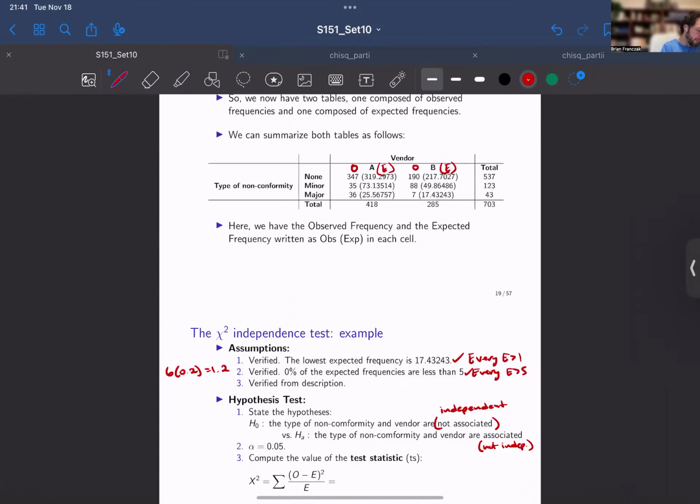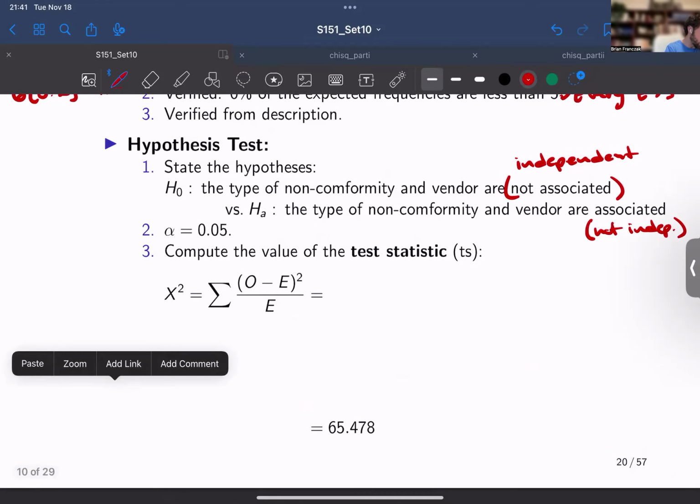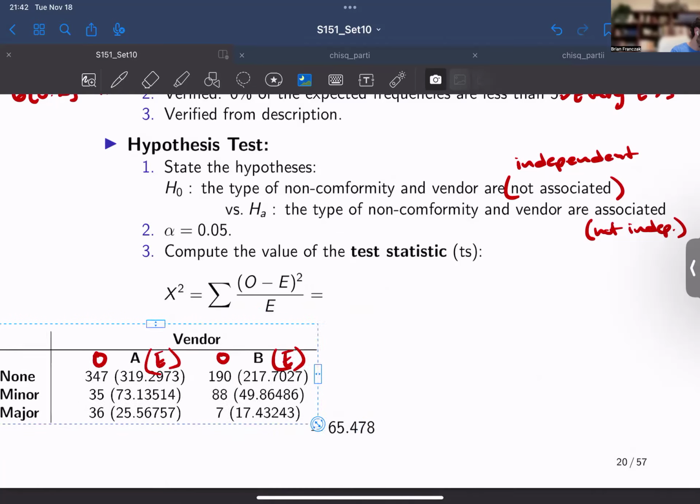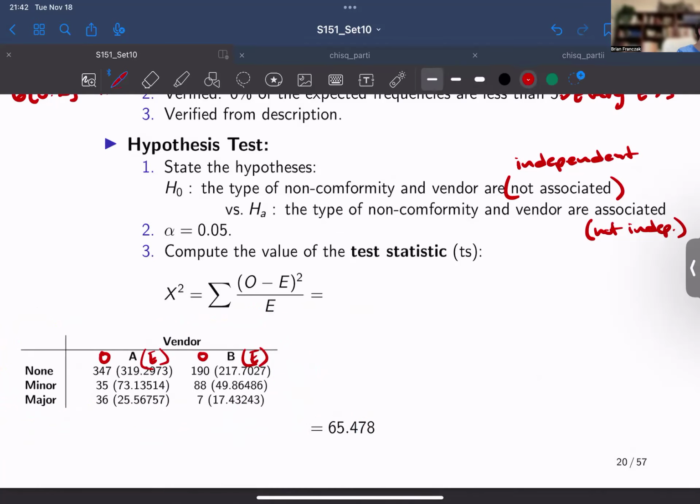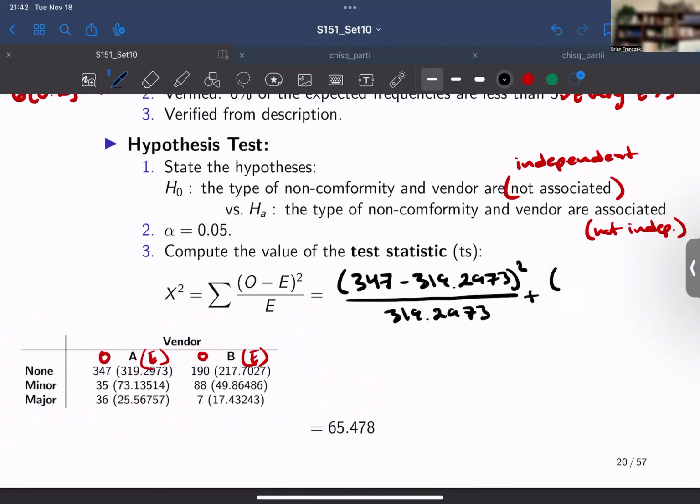Okay, so again, just to reiterate, with the chi-square tests, basically what we're doing is we're just following this pattern of comparing all the pairs of observed and expected quantities. So here we would have 347 minus 319.2973 squared divided by 319.2973 plus, and then we just move to the next set.